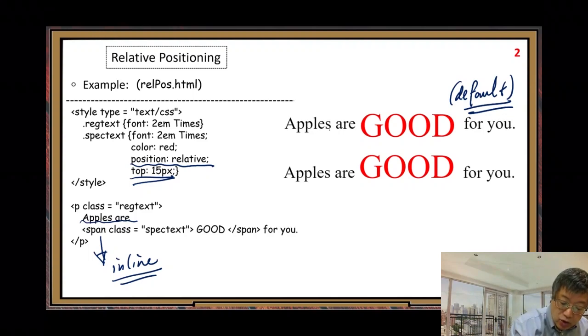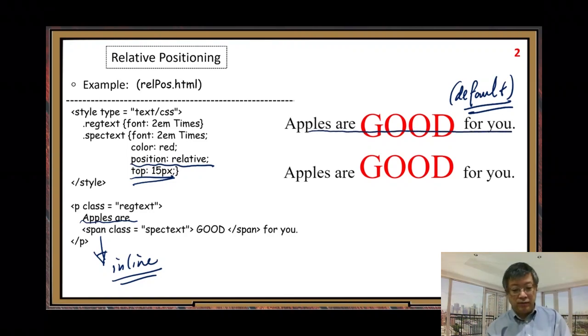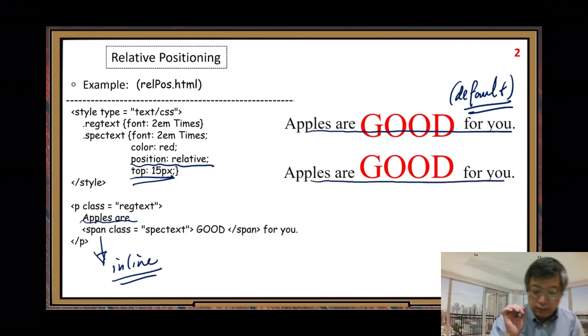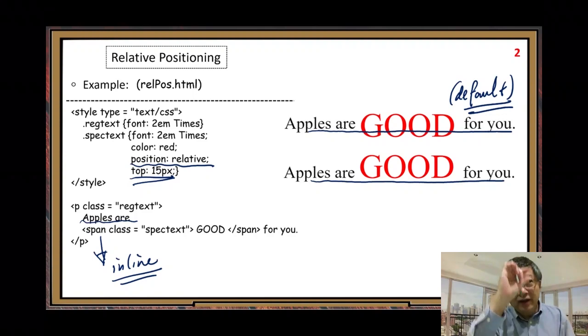Let's draw the baseline of the first example, then the baseline of the second example. You can see we move up by 15 pixels. That's the meaning. Pretty straightforward.